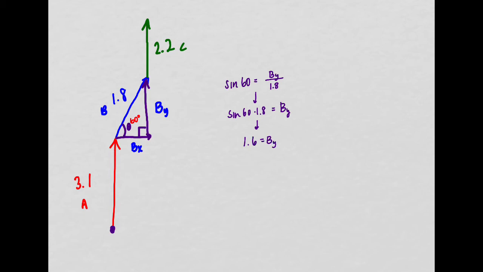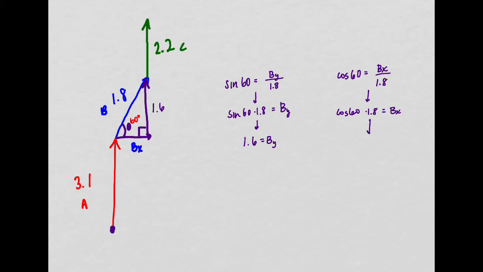All right, so there I already have my B_y component here. We have 1.6 meters. Now we will solve for B_x, and I'll do that by using cosine of 60. Cosine of theta equals the adjacent, which is B_x, over the hypotenuse, which is 1.8. Rearrange, I get cosine 60 times 1.8 equals B_x.